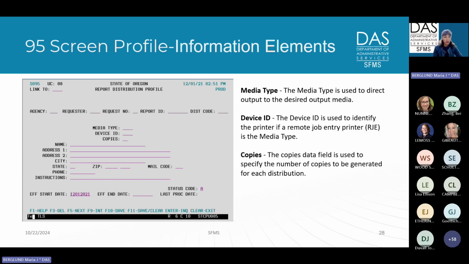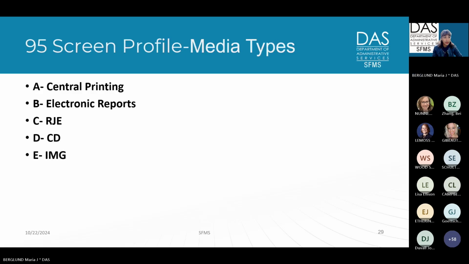If the same requester is ordering multiple reports, they need to set up the request number, report ID. That number identifies the report, like DAFR, a specific ID. And name and address and city, state, phone number, and all that detail information. So we get to all of those elements.